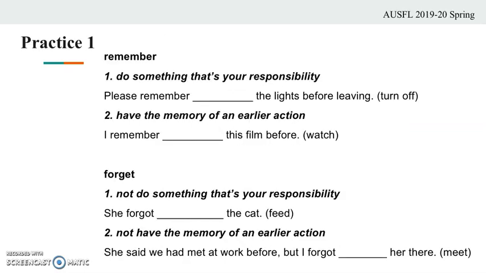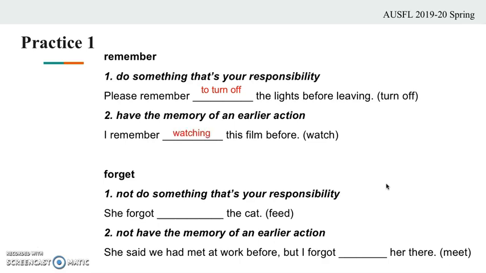Here is practice number 1. Please complete the sentences depending on the verb and their meaning. Please pause your video to do this exercise. Let's check. Number 1. Please remember to turn off the lights before leaving. Number 2.